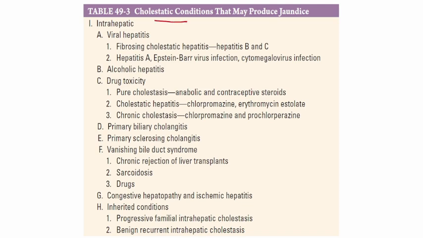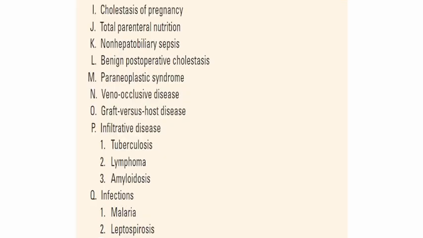So cholestatic pattern is caused by viral hepatitis, alcoholic hepatitis, drug toxicity, primary biliary cholangitis, primary sclerosing cholangitis, vanishing bile duct syndrome, congestive heart failure, and some inherited conditions like PFIC, progressive familial intrahepatic cholestasis, and BRIC, benign recurrent intrahepatic cholestasis. Another cause, pregnancy, TPN, right?